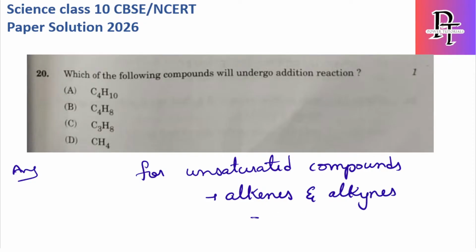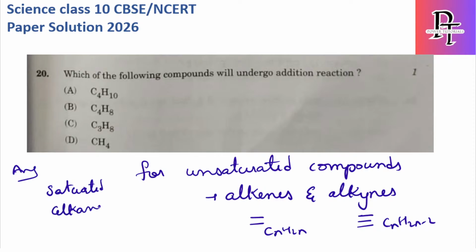Alkenes have a double bond, whereas alkynes are triple bond carbon compounds. So the alkene general formula is CnH2n, whereas the alkyne formula is CnH2n minus 2. Which are saturated? Saturated are alkanes, which are CnH2n plus 2.